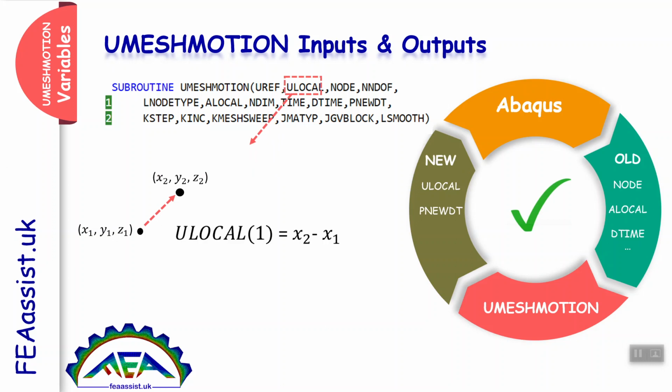So uLocal 1 is the displacement or velocity in the x direction, uLocal 2 in the y direction, and uLocal 3 in the z direction. These variables need to be well explained to understand UMeshMotion, which is one of the complex subroutines in Abaqus.